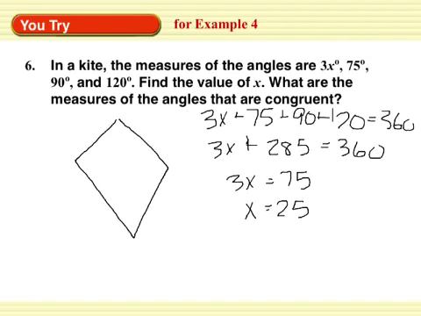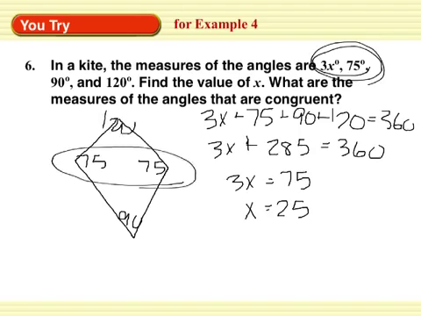I see 3x equals 75. So I think those are my matching angles. If I have 75 here and 75 there, and then 90 and 120. Okay, those are the congruent ones where that's 3x, x equals 25, and we're done.